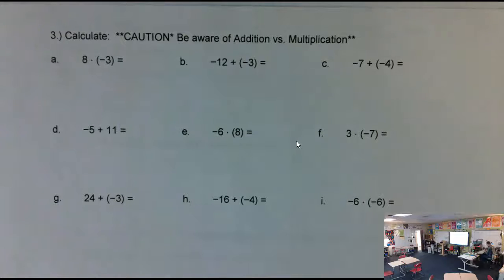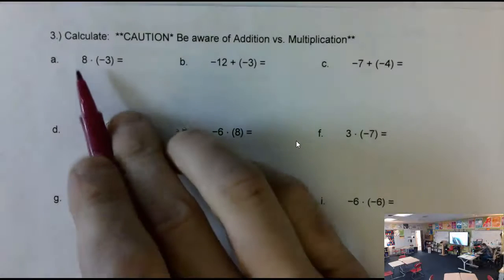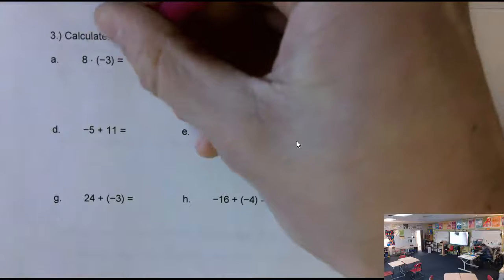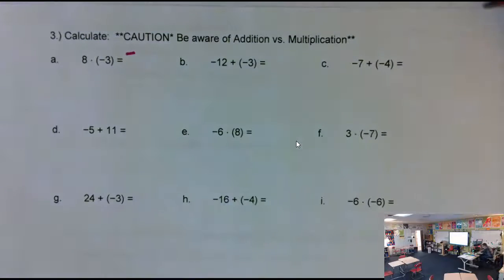I'm actually going to do something sort of weird. I'm going to look through all of the problems and first think about their sign, because we started talking in class about how we should think about the sign first. A positive times a negative is going to come out to be a negative because there's only one negative.